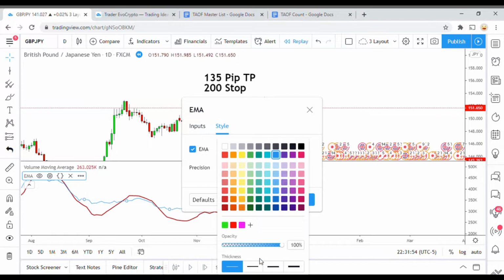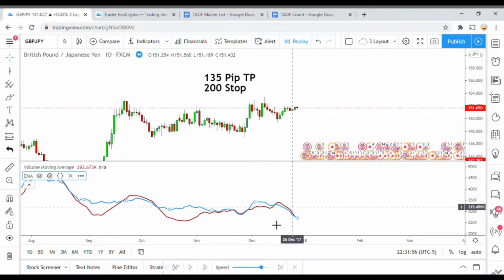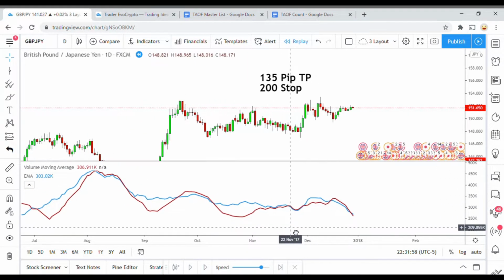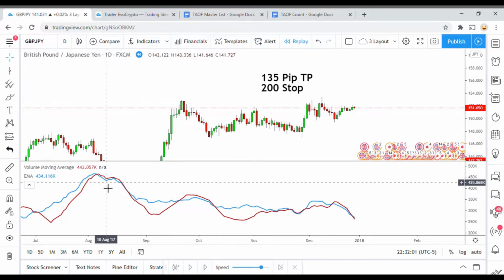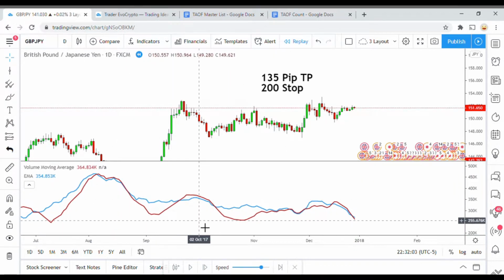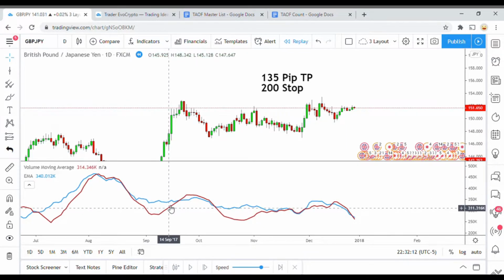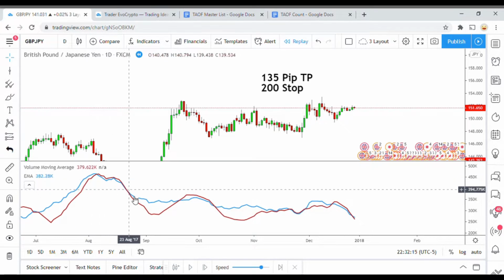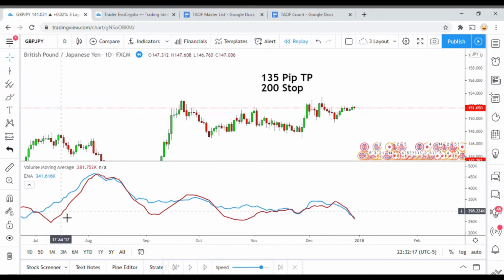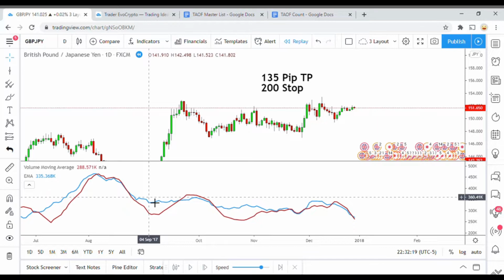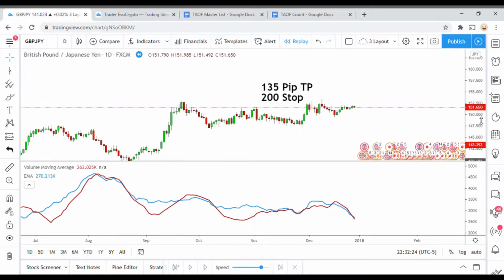And then maybe bump up the line weight a little bit, and there you have it. Now we have a completely separate two-line moving average type indicator, one based off of the exponential moving average in relationship to the indicator itself, and then in this particular case, this line right here is based off of the sell volume of the particular pair. And so again, just something to keep in mind.